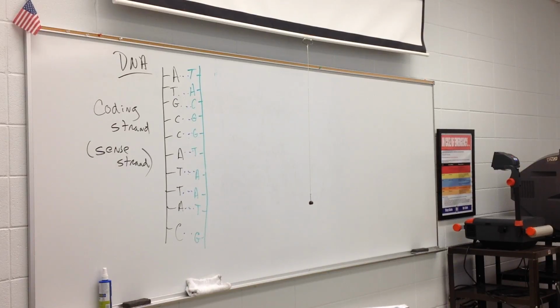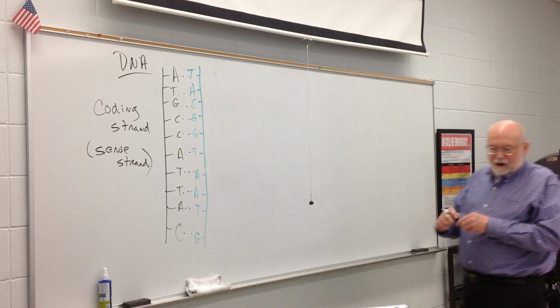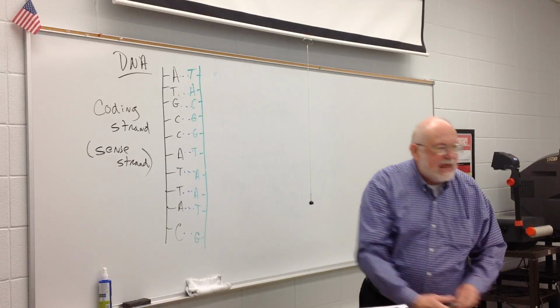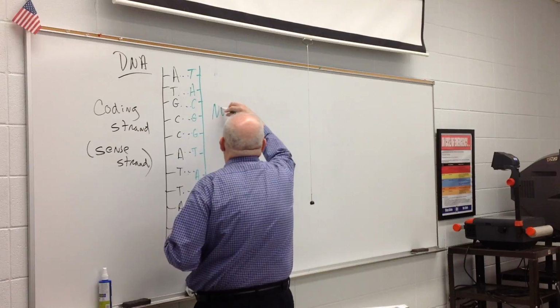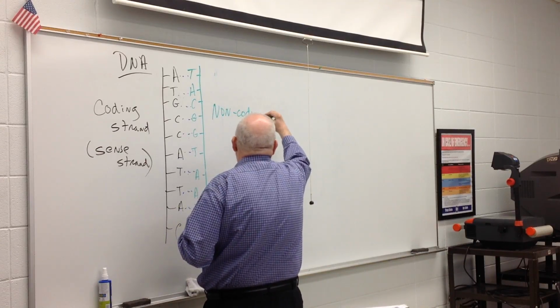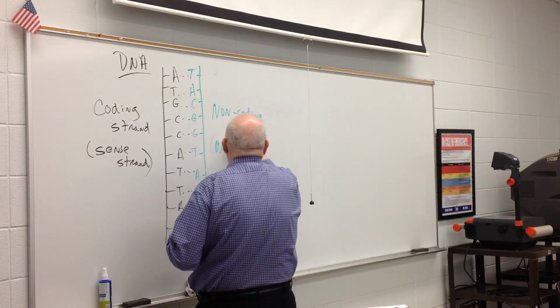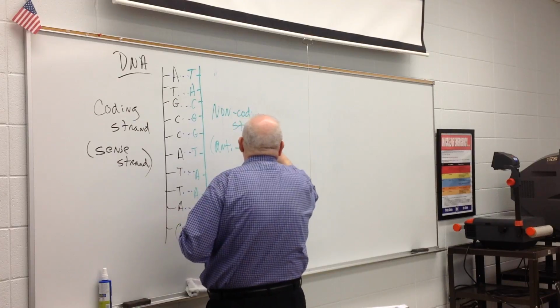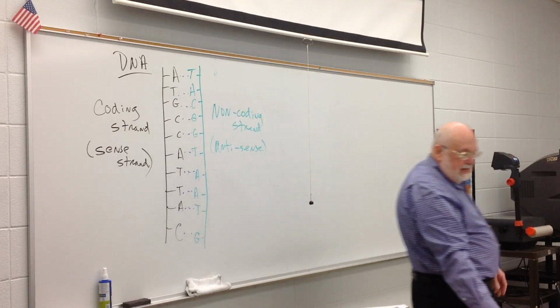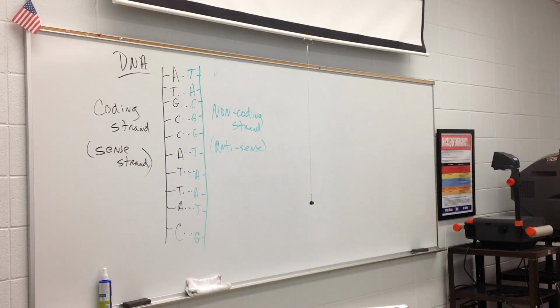Now, the other one, the one that we have in green, is what we call our non-coding strand. That one can also be called the anti-sense strand, and that one is not used to make the messenger RNA. The coding strand is the pattern to make the messenger.